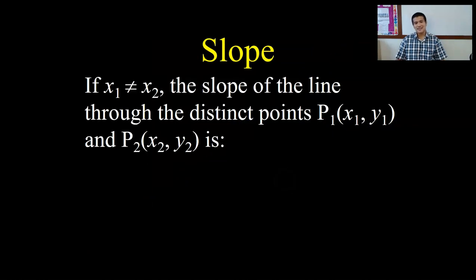If x sub 1 is not equal to x sub 2, the slope of the line through the distinct points P sub 1, which is x1 and y1, and then the second is another point. So you are going to find two different points in the Cartesian plane or in the graph.